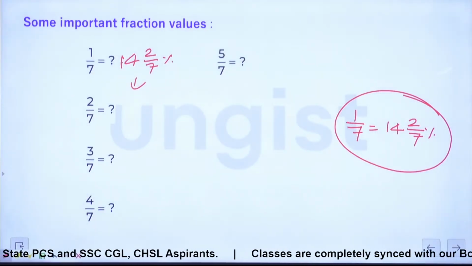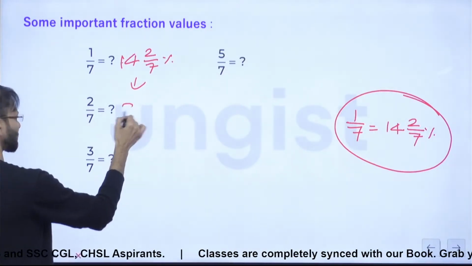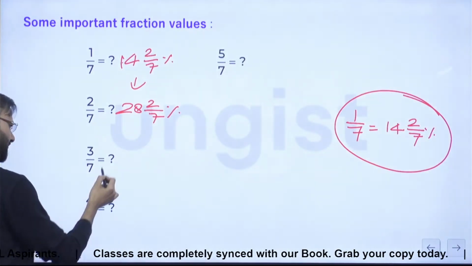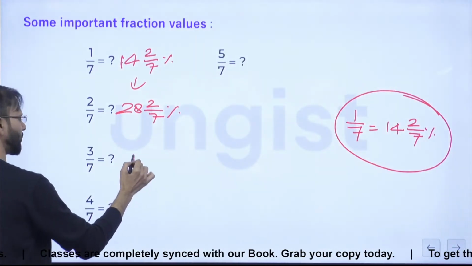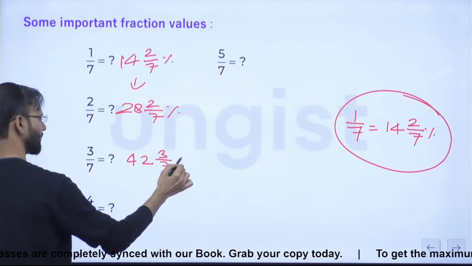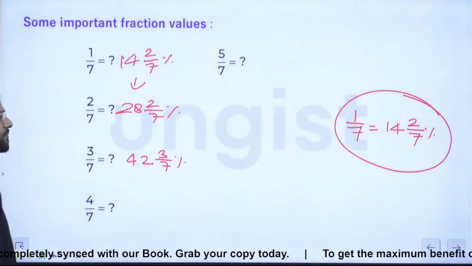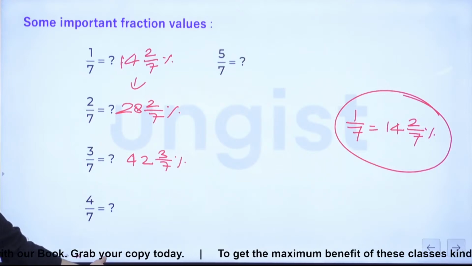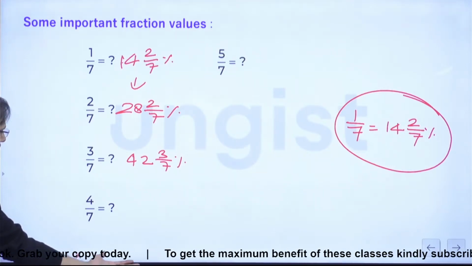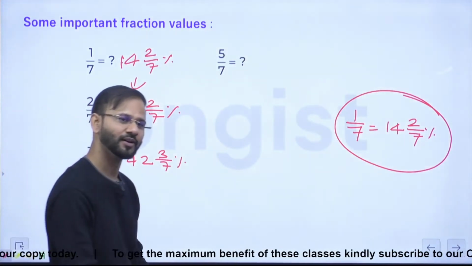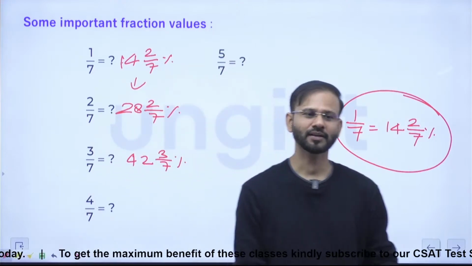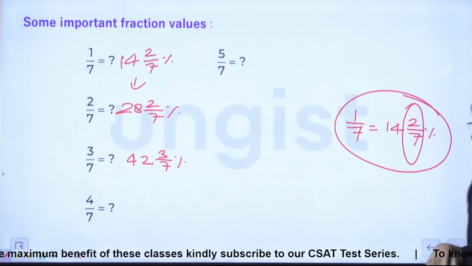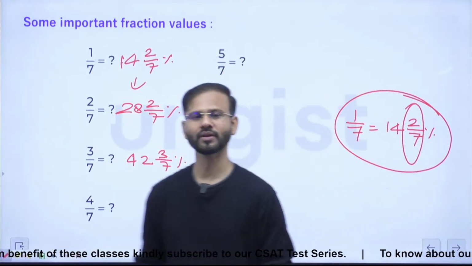Quick. 28 4 by 7. Very good. After that, triple of this, 42, 3 by 7. Good. After that, 4 times of this, guys. Tell me first. 56 4 by 7. 56, 4 by 7. Or something else. Yes, guys, see, this is 2 by 7. Quick.